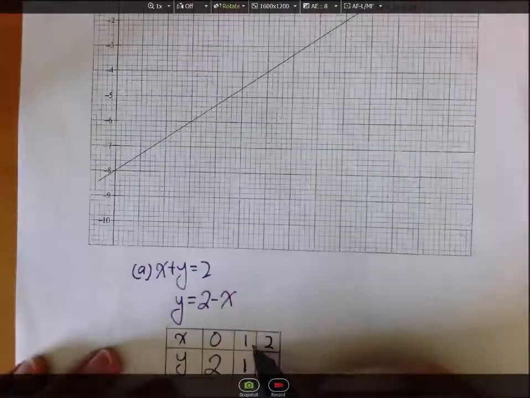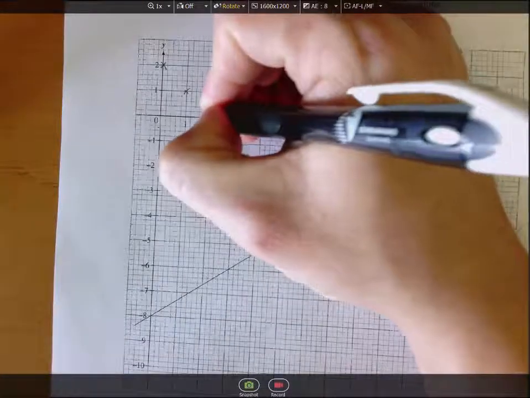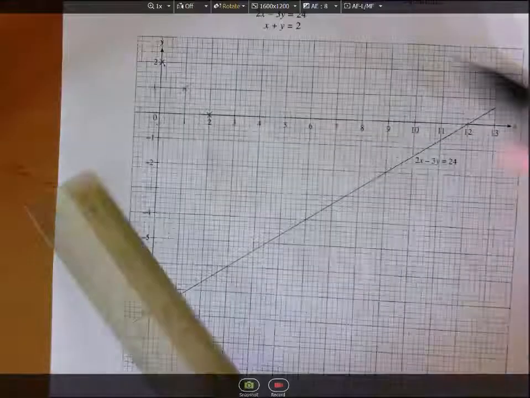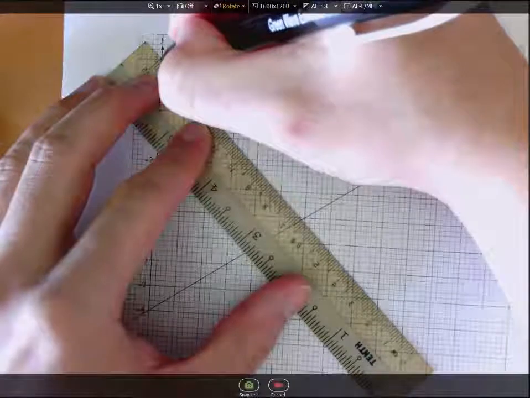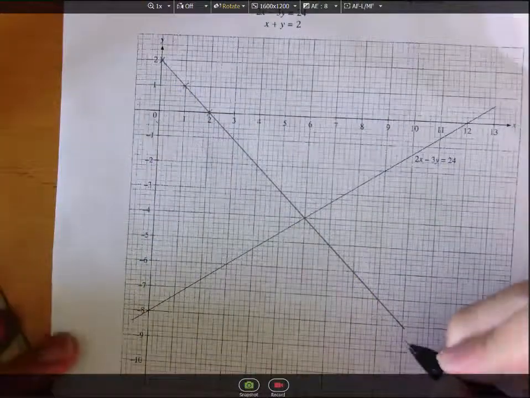When x is 1, y is 1, we plot it there. And finally, when x is 2, y is 0, we plot it there. Now we join up the line. We label it.